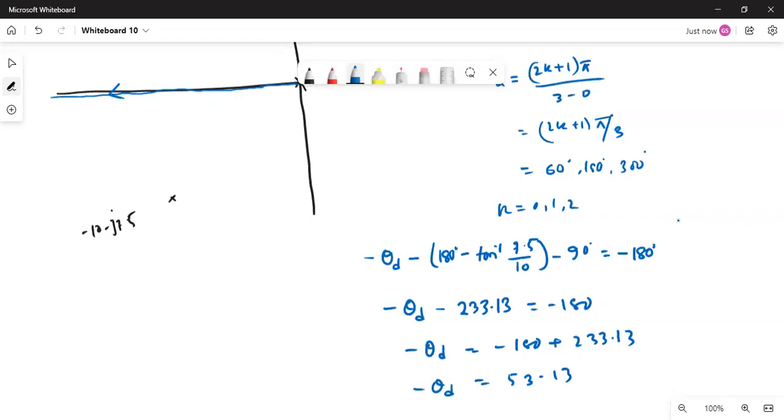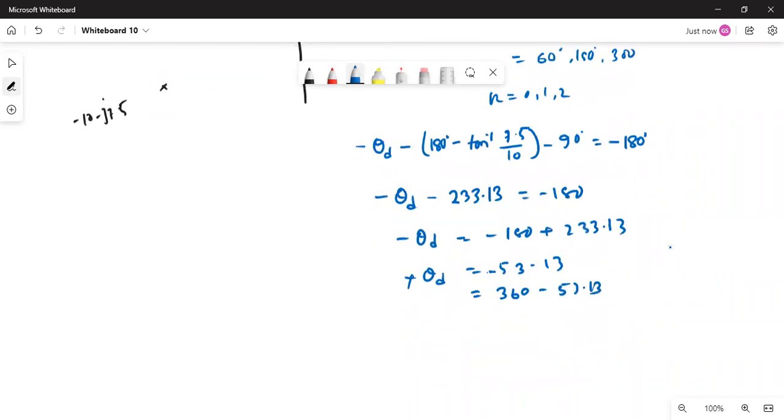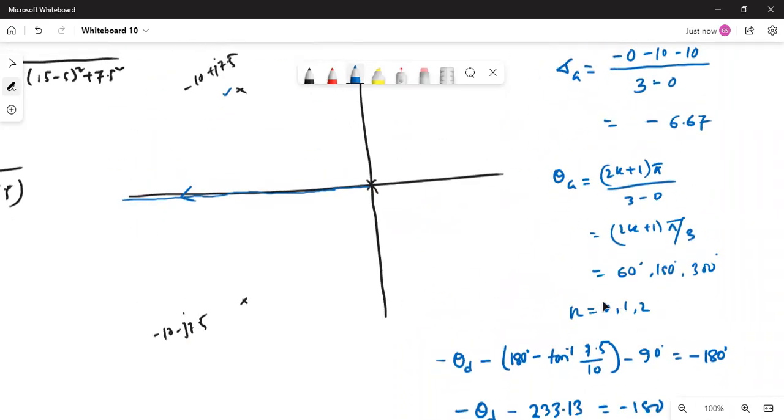So basically this will be minus here, or you can just subtract from 360, so 360 minus 53.13. That will give you around 306.87. So almost a 300 degree line will be there.